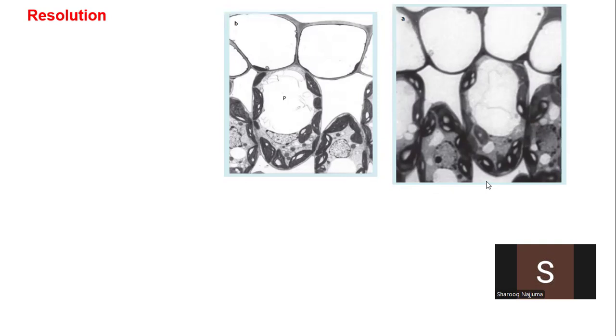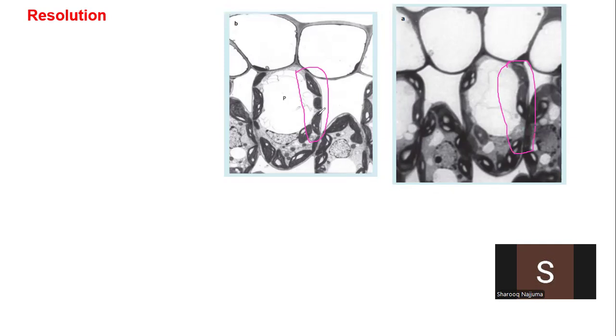Let us just look at this section here in both microscopes. So in both micrographs, you can see this section here and then this same section here. Now these are chloroplasts. This is a chloroplast, another chloroplast, another chloroplast. You can see that when it comes to this microscope, it was able to show you that these chloroplasts are distinct.